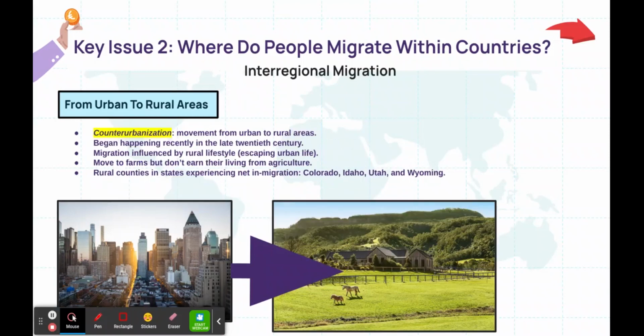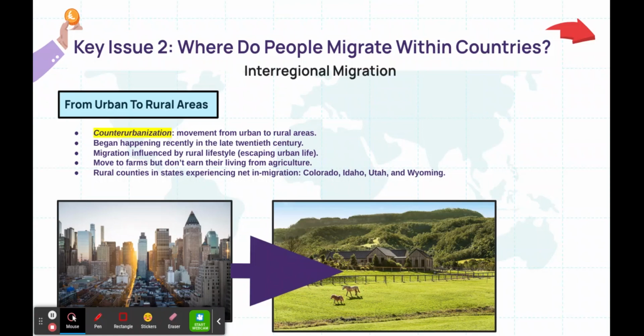From urban to rural areas: counter-urbanization, which is the net migration from urban to rural areas, started happening recently in the late 20th century. Very similarly to suburbanization, people move from urban to rural areas for lifestyle reasons, to get away from the crazy pace of urban life and for the opportunity to live on a farm, even though they would not use that as their main source of income.